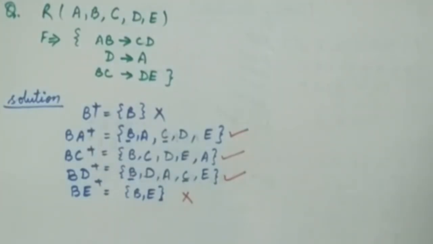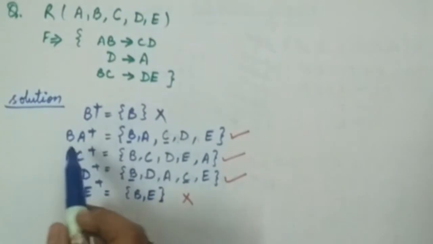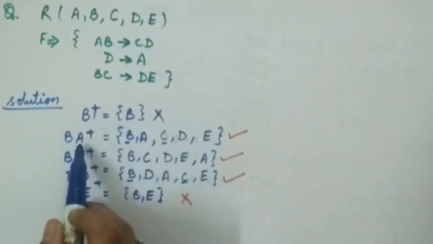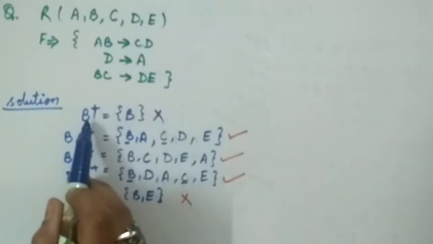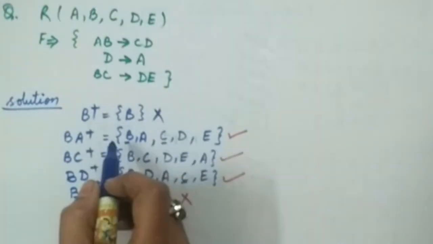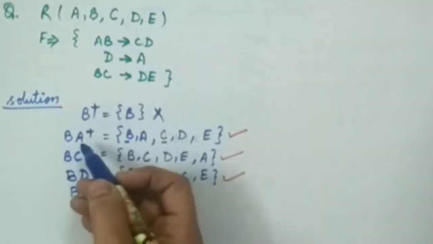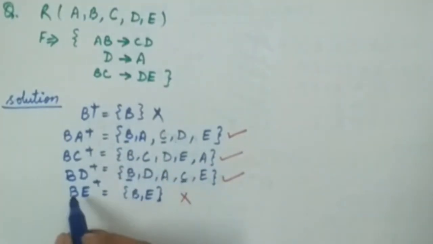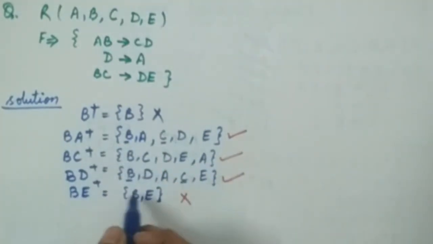Now here, I tried with 2 pair key because B alone is not able to reach other attributes. So I tried with the combination of B. Now here B with 2 pair key, BE failed. BE is not able to reach other attributes.